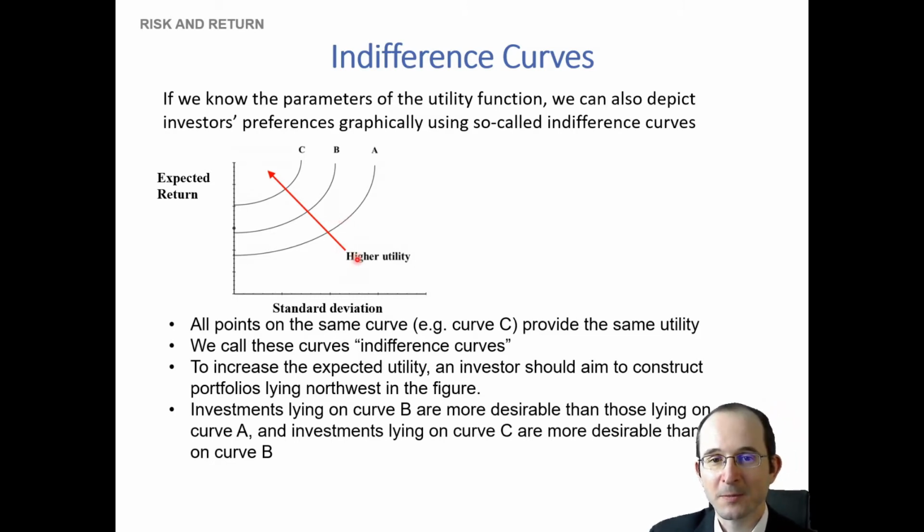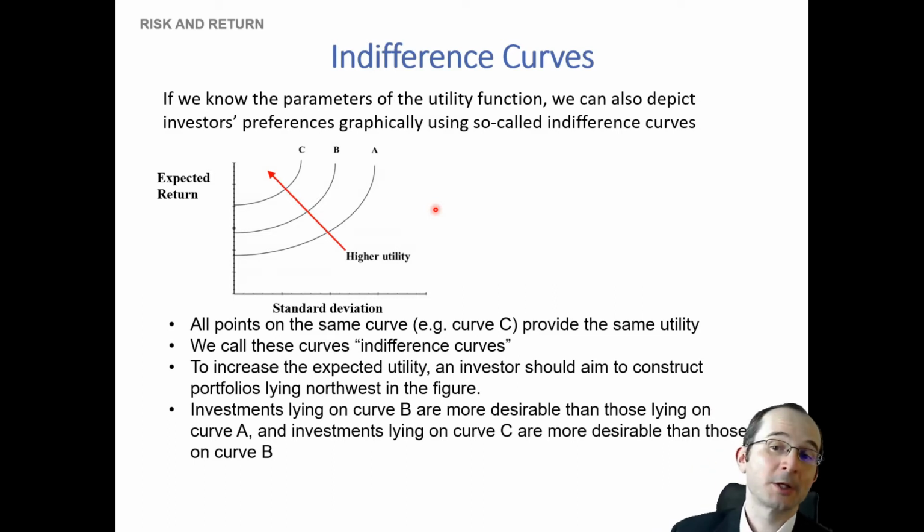And then, of course, anywhere higher up along these curves means you have higher utility, because for any level of standard deviation, you get a higher expected return, let's say on indifference curve B relative to indifference curve A. So curve C is the best, B is second best, A is third best, and we can keep drawing curves. But why are we considering this?